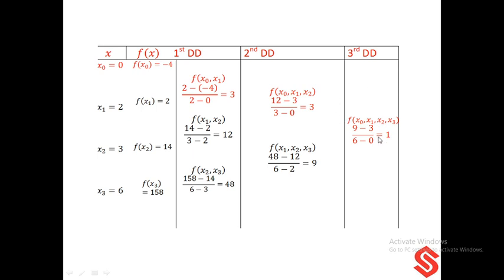Now the third divided difference, that is f(x0, x1, x2, x3), and it is defined as (f(x1, x2, x3) - f(x0, x1, x2)) / (x3 - x0). So that is (9 - 3) / (6 - 0), so I'll get 1. That is the divided difference table.